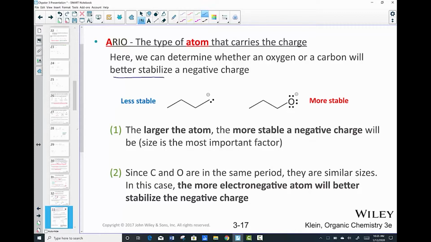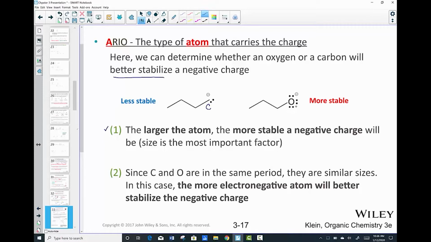So number 1 says, when I want to look at 2 atoms, this is carbon versus oxygen, the larger the atom, the more stable a negative charge will become. That's the most important factor.